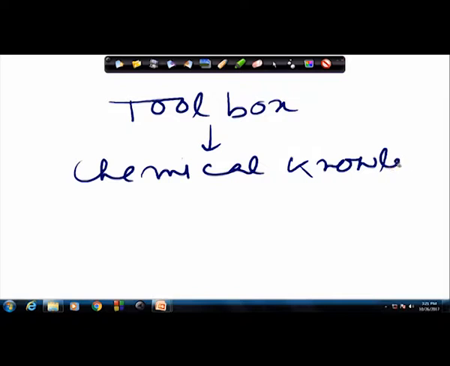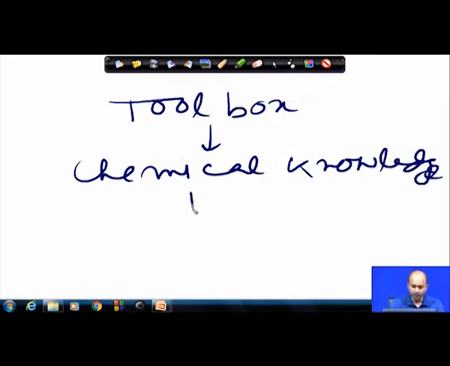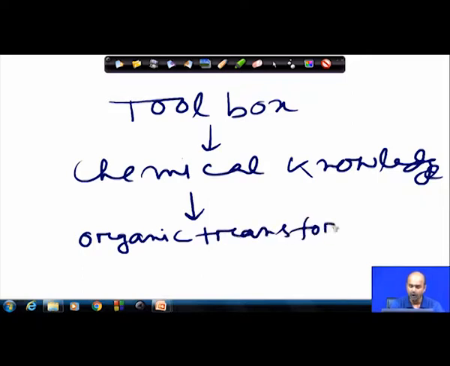Chemical knowledge is basically a knowledge-based approach. Now, from a synthetic organic chemist's view, this knowledge is basically your ideas, your views about certain organic transformations, because organic synthesis is nothing but assembling organic transformations and how these transformations will lead you to different organic molecules.